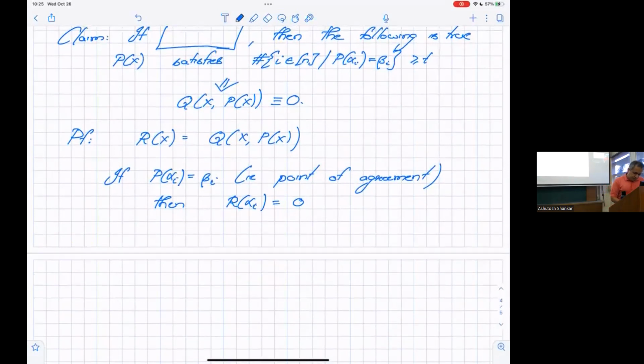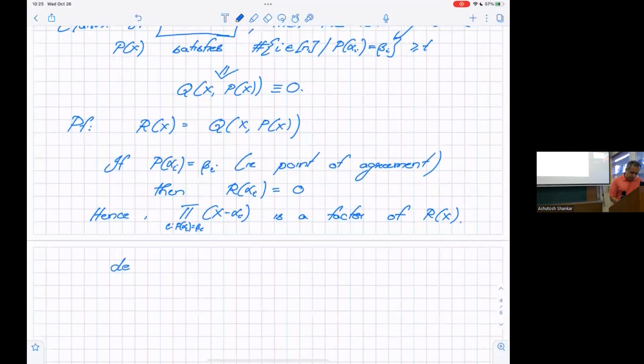Hence, the product of x minus alpha i, for all i such that P of alpha i equals beta i, is a factor of R of x. That's fine. But now let's stare at the degree of R of x. What's the bound that we can put on it?